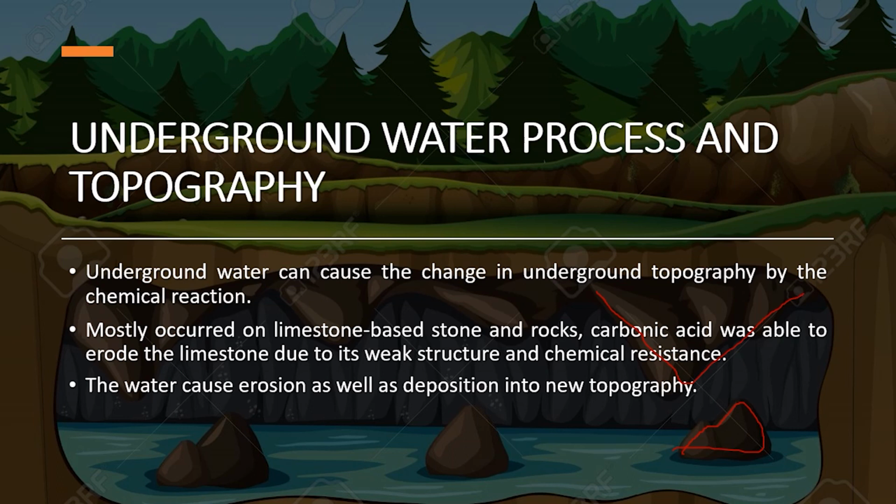The rock that is dripping down is done by the carbonic acid that was able to corrode these rocks, the limestone, and then drop it down here where the limestone deposits, and it forms into new shapes of rocks. Okay, let's take a look at how this works in the next slide.